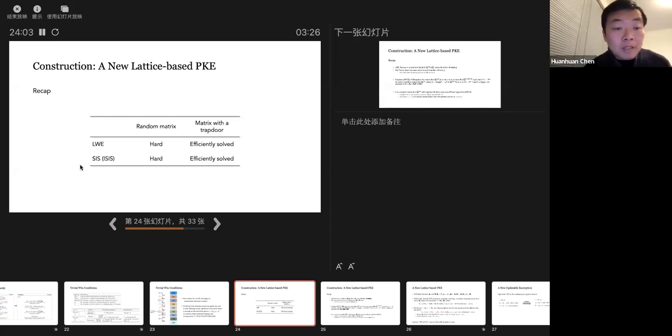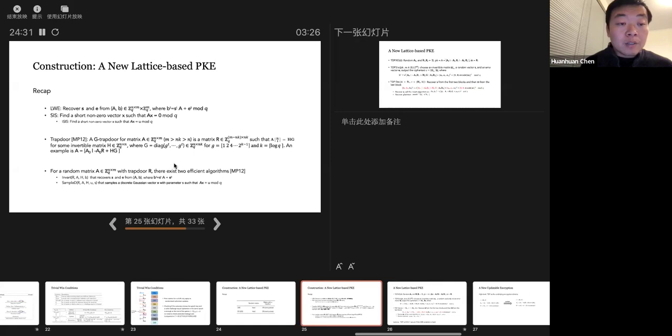Recall that the lattice-based hard problems are called LWE and SIS. They are hard for a random matrix, but for a matrix with a trapdoor, there is an efficient algorithm to solve those two problems. We will recall some details.